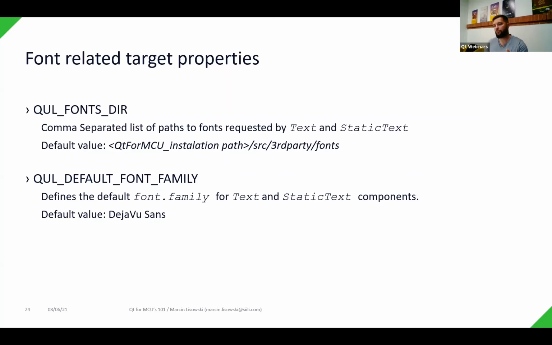And by switching that property, you can show Qt for MCUs build structure where additional fonts that you will reference further are located. Which fonts you are using can be switched by QL default font family, and by other ways as well, but QL default font family is to set that globally. So you can just define a default font for the whole app without switching the font.family property for Text and StaticText components in each place.